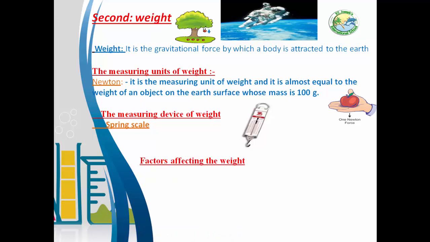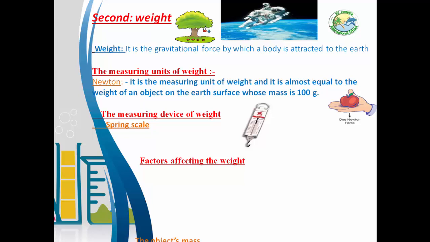If you remember, when we were talking about mass, we said that mass is a fixed value that doesn't change by changing the place or the state of the object. When we talk about weight, there are many factors that affect weight.